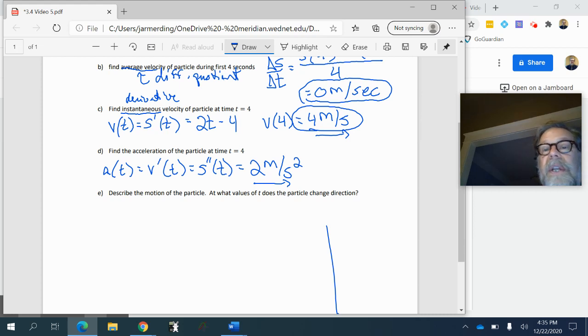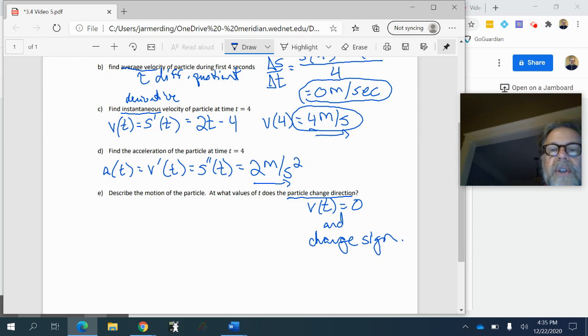At what values of t does the particle change direction? Well, change direction requires 1, that the velocity be equal to 0, and 2, it requires that it change sign. So there are 2 requirements. It has to have a velocity of 0 and it has to change sign.